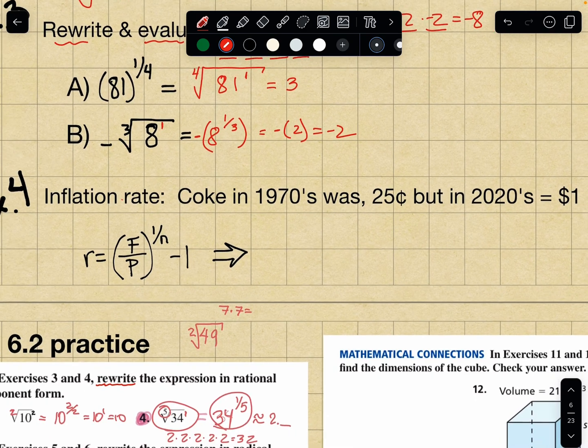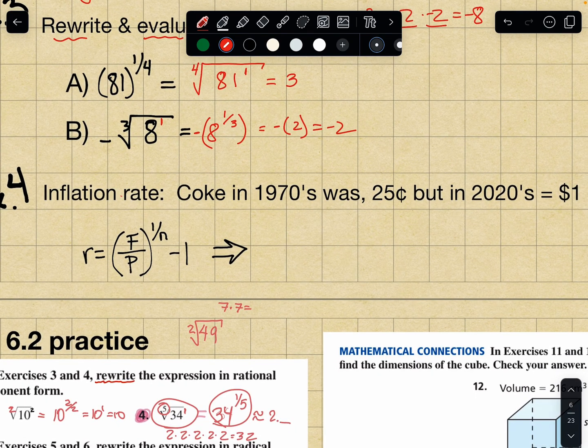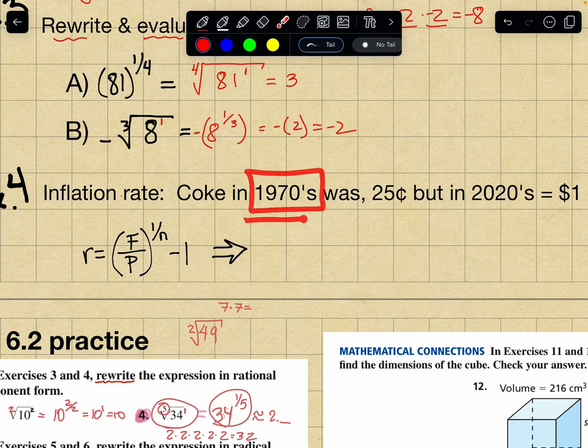All right. Final problem, inflation. Something that is coming up in the news a lot is that our inflation rate has been high. Lately, it's been coming down. And if you talk to people who've been around a lot, like Mr. Larson, or people who are older than Mr. Larson, they will tell you that back in the day, we would buy a Coke for $0.25.